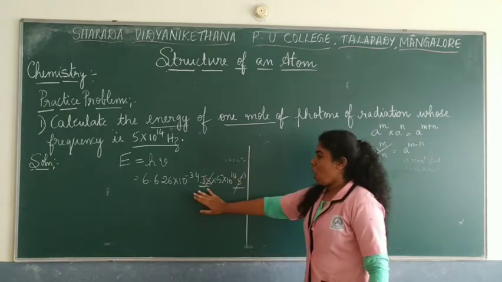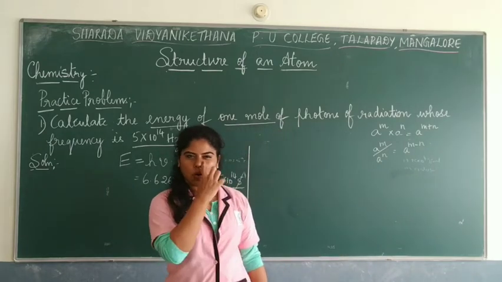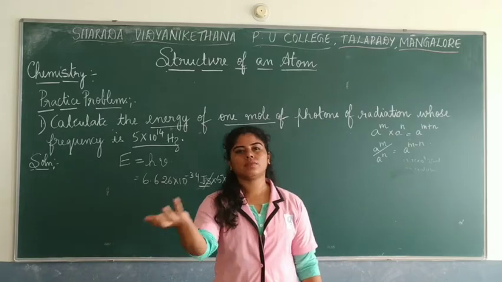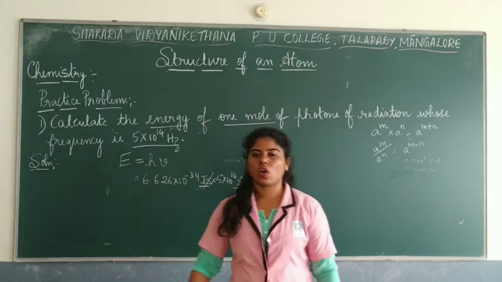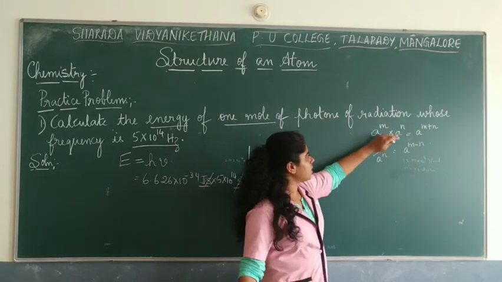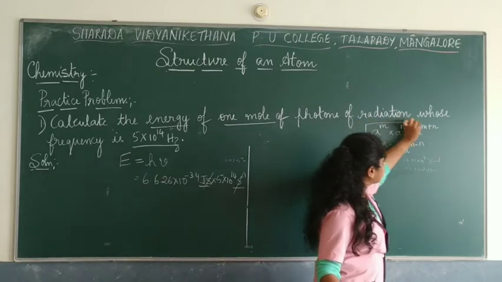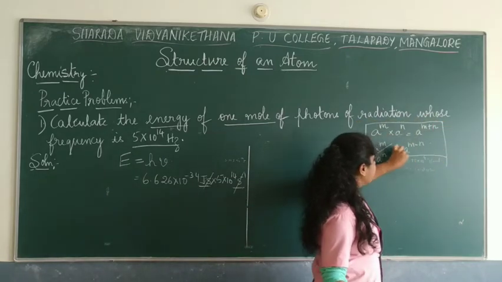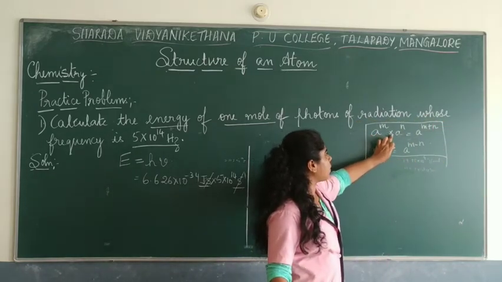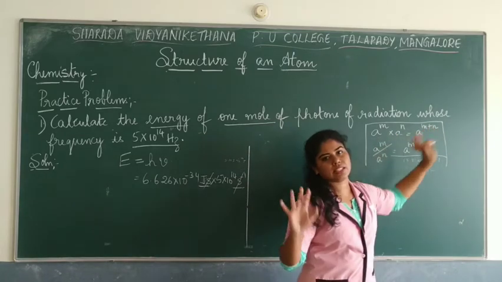Right? And I also wanted to tell you another trick, which you will be learning in your other classes later on. But for now, you have to remember two formulas. That is a to the power m into a to the power n. Just make a note of this. This will be very helpful for you all. So a to the power m into a to the power n is equal to a to the power m plus n.